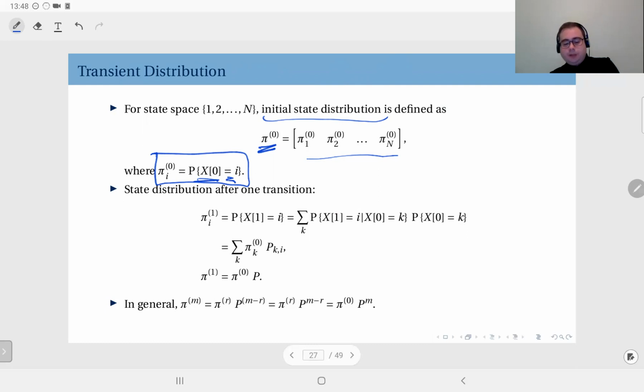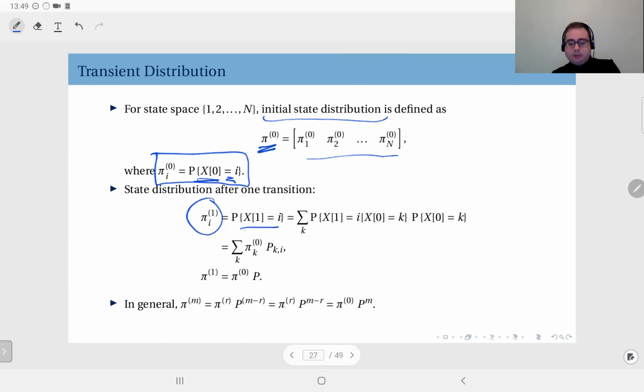Okay? So if you just want to write, after one transition, what is the distribution of each state? What you have is pi 1 in state i. Well, this is equal to the probability that X of 1 equals i. You see, this is not a conditional probability. Okay? Now I can write this again using the law of total probability. I will condition this on the state at time 0.